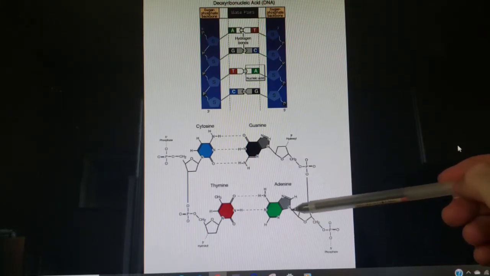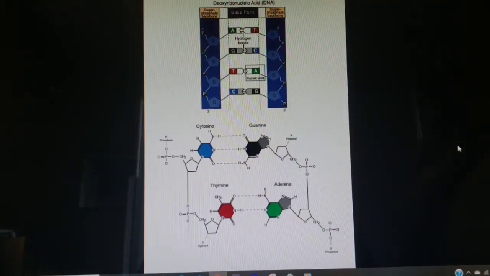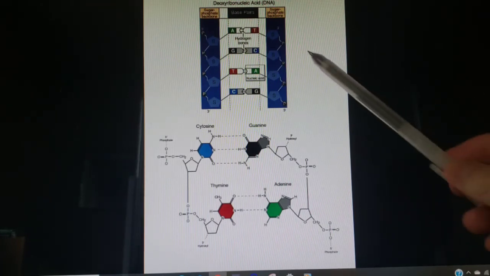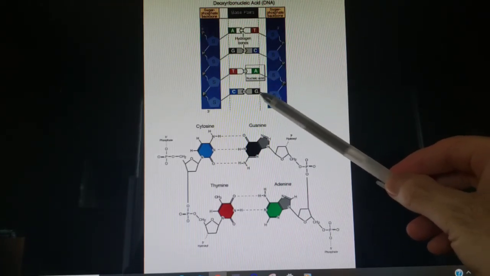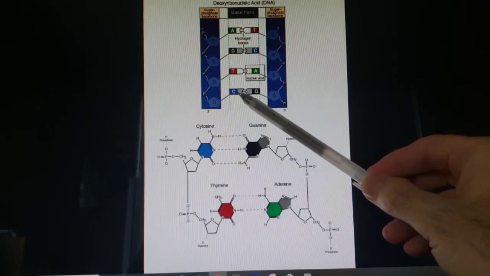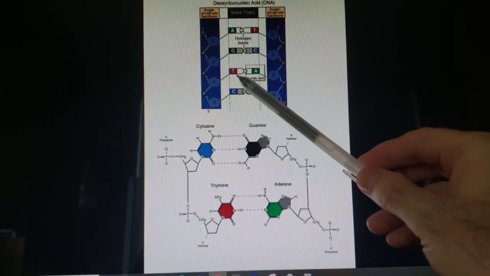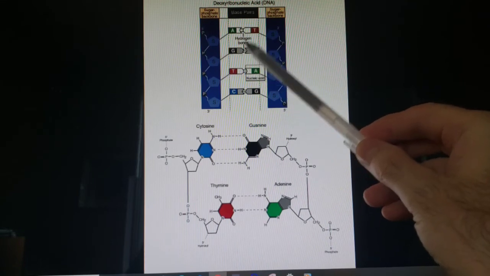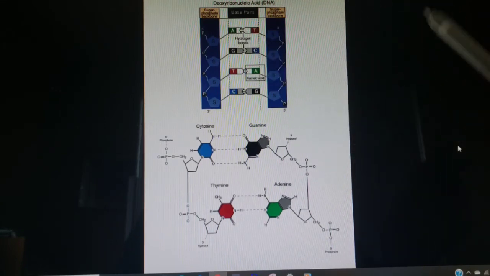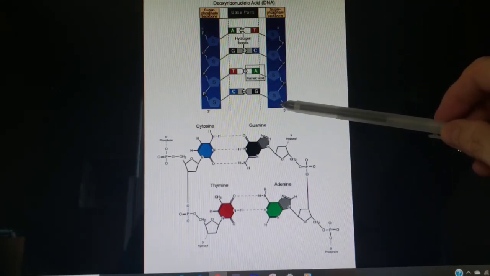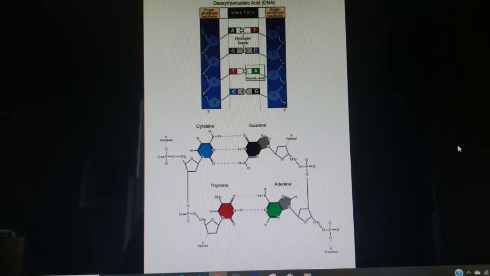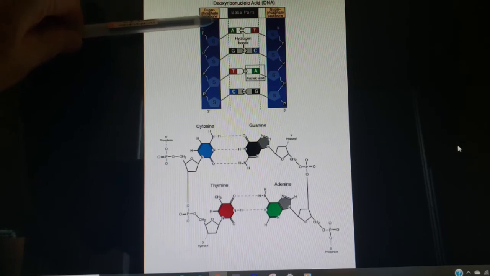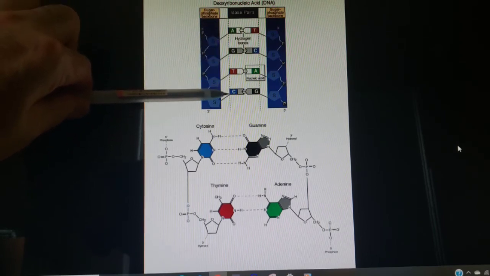And so we can polymerize the nucleotides into a chain. Now, because G pairs with C, and A pairs with T, and C pairs with G, and T pairs with A, whatever it is that we generate on one strand of this polymer, there will be a complementary strand running the other way.